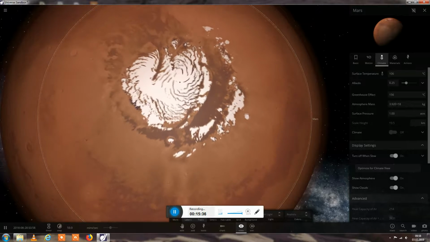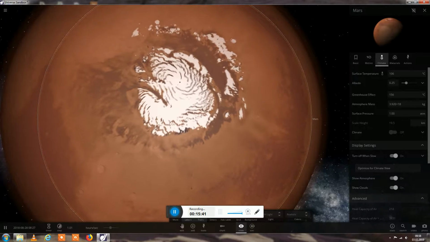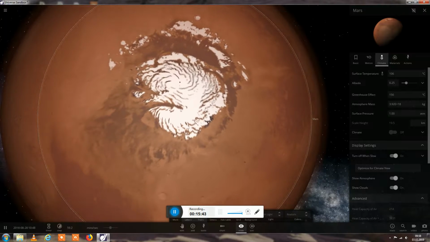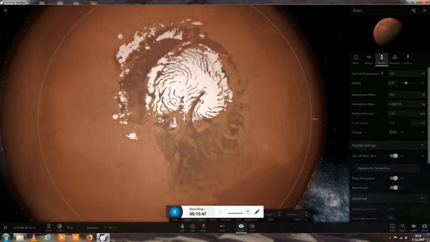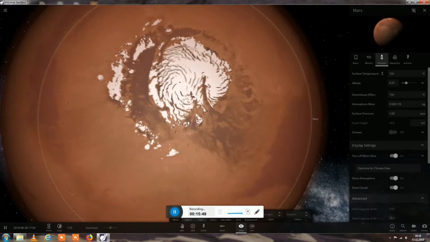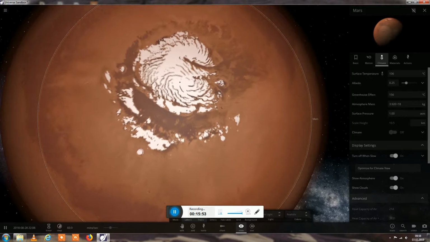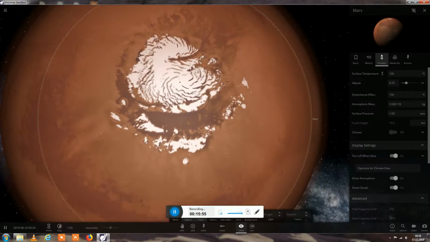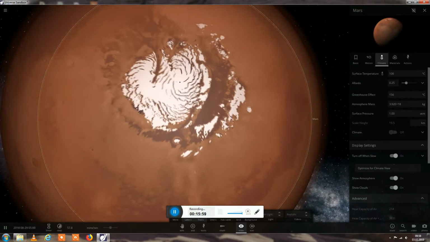And here we have the North Pole, the northern pole of Mars. There is water on Mars, like here at the poles, but it's either in the form of ice, as you can see here, or in the form of ice crystals or vapor in the atmosphere.